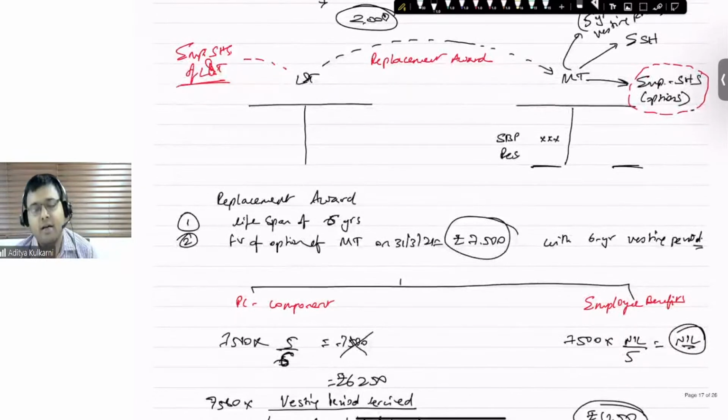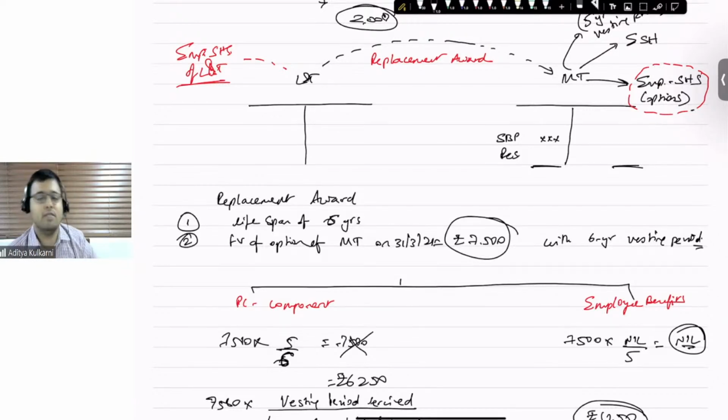Now, let us assume in the same example, the employees of Mindtree say: I don't want your award, I want to continue with the Mindtree award. Whatever price you offer us, whatever fair value you give us, we will not change our loyalty. We want to continue to be shareholders of Mindtree only.